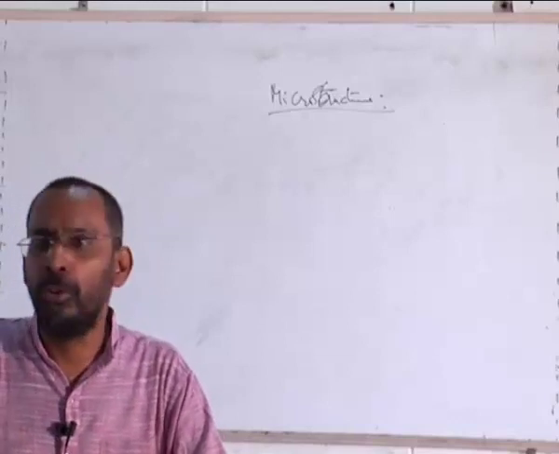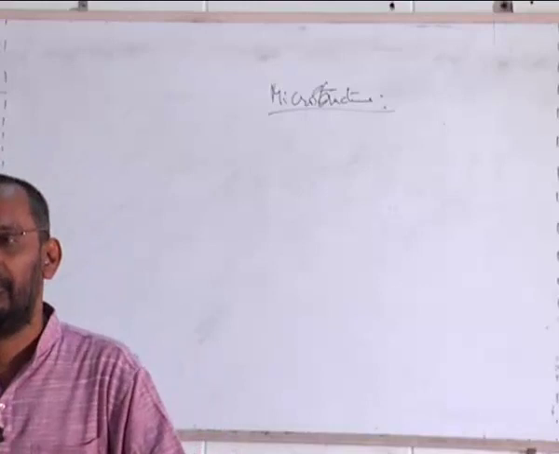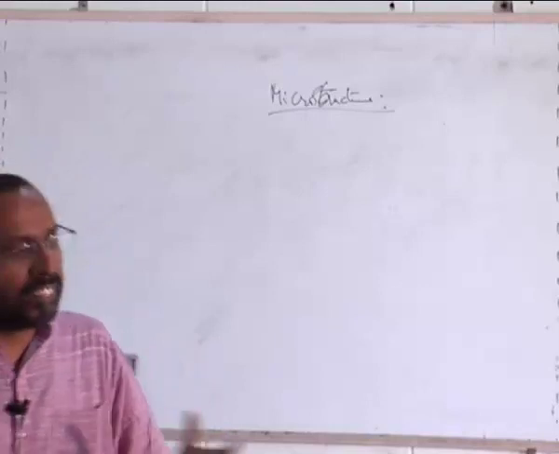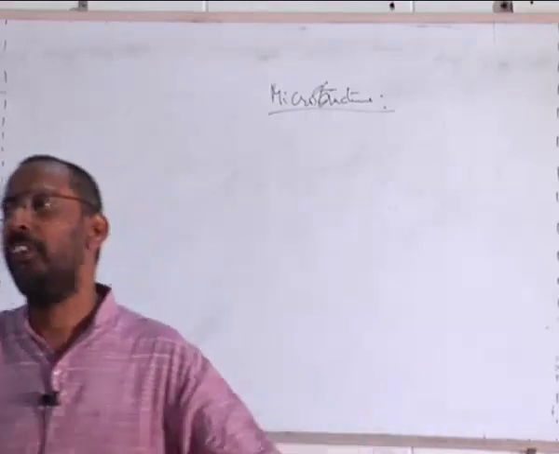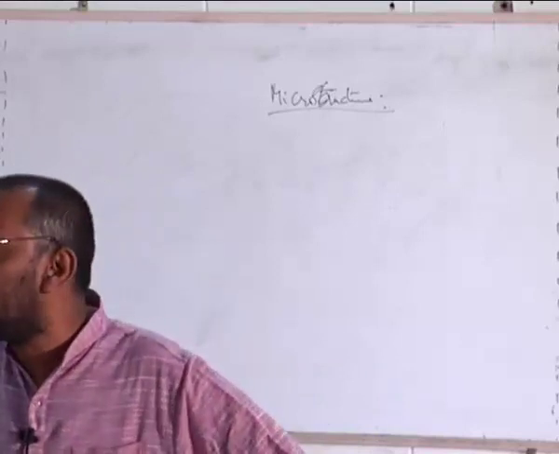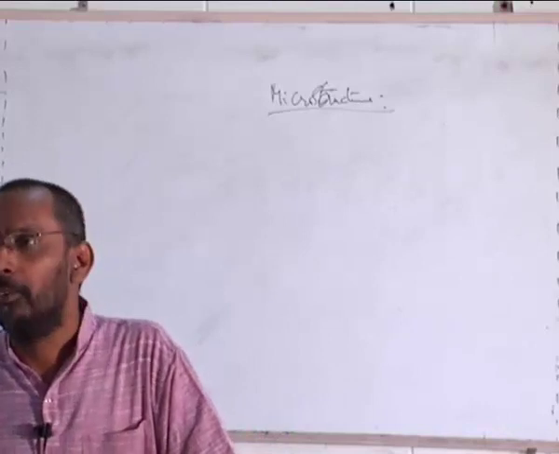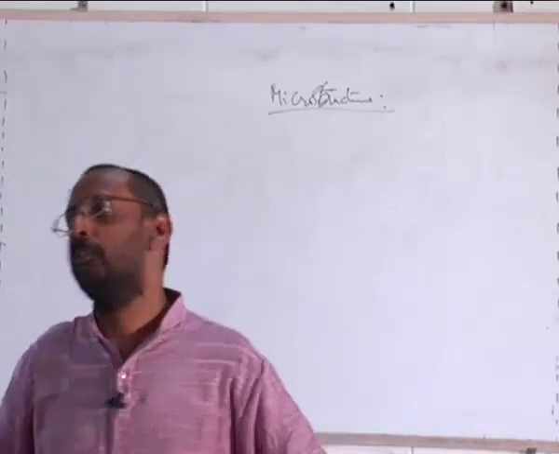If we are talking of a pure metal, what we mean by microstructure is just the grain size. Whether the grain size is smaller or bigger is what we see in a microscope. If I give you a small piece of pure aluminum or pure iron, what you see is grains of aluminum and iron, and you can only say this is bigger or this is smaller.